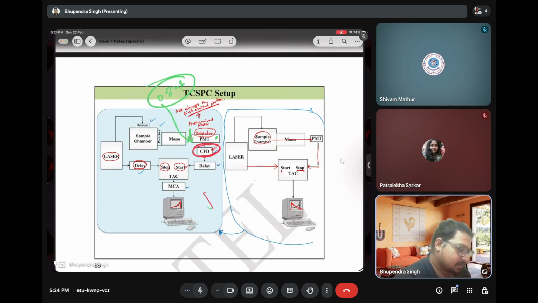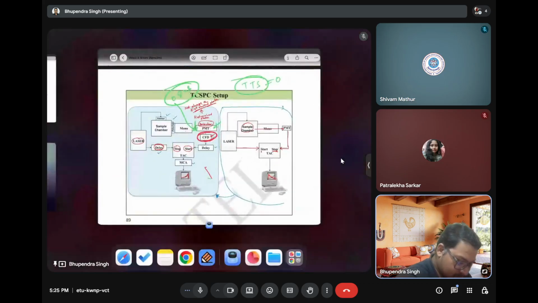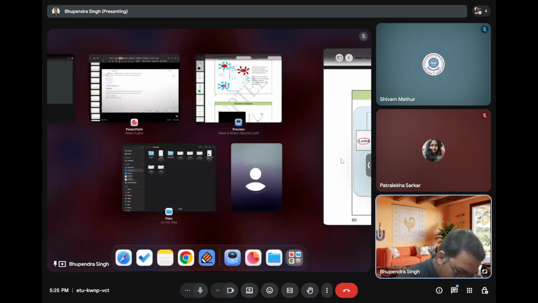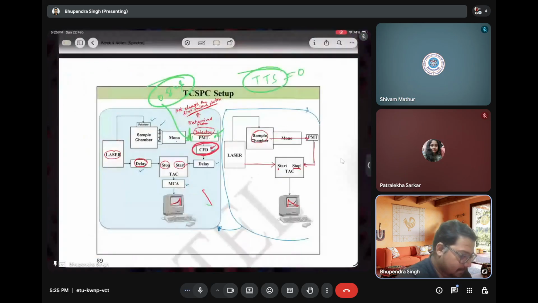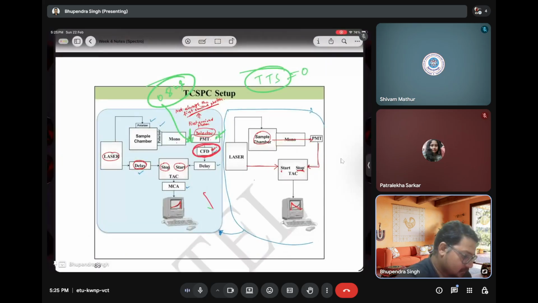But this PMT has a transit time spread, TTS, and this time is given as 35 picosecond. This is written as 35 picosecond.